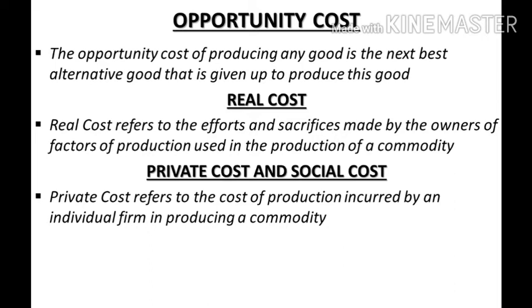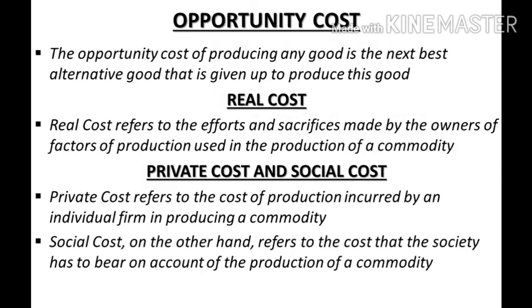So we can say private cost is the same as the economic cost. Then social cost, on the other hand, refers to the cost that the society has to bear. The private cost was borne by an individual firm. Now social cost is the cost which the society has to bear on account of the production of a commodity.